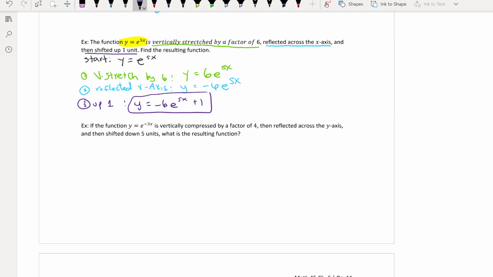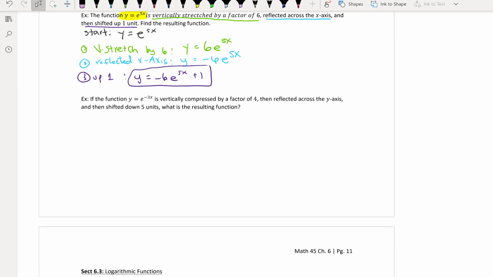We're going to keep doing that until we find some consistency in the language. So let's try another problem. It says if the function y is equal to e to the negative 3x is vertically compressed by a factor of 4, then reflected across the y-axis and shifted down 5 units, what is the resulting function? Again, you want to start by identifying your original function.